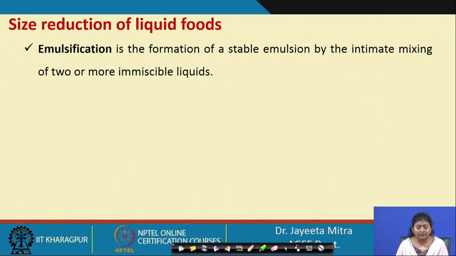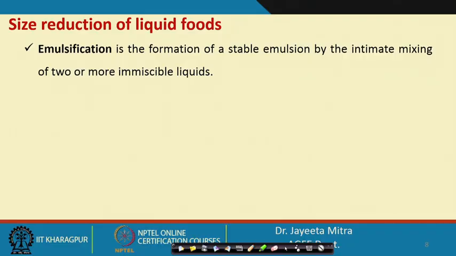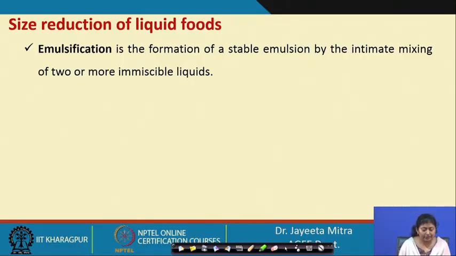For example, the most common one is milk. When we want to homogenize the milk, we want to make the distribution of fat in the milk uniform. So, we try to reduce the fat globules to a small size, and the distribution will be uniform because of that. So, those kinds of operations we will see now.